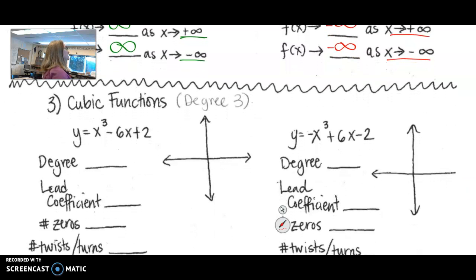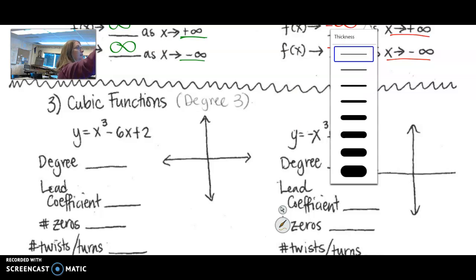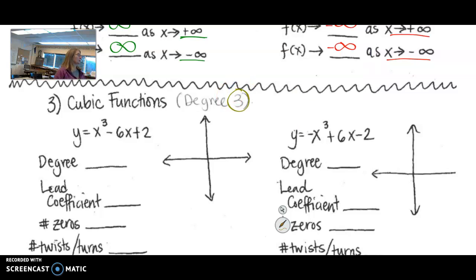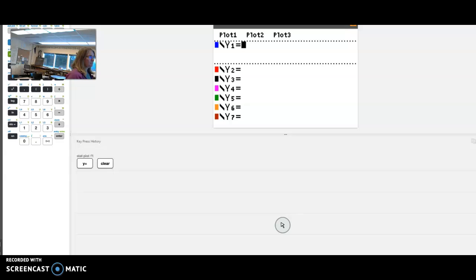All right, cubic functions. Cubic functions are degree 3. So we have a cubic function here for number 3. The degree of that is 3. The lead coefficient, there's nothing in front of the x, therefore it's a 1. Now, to graph this, I have to do a little bit more work, and right now we're just trying to see what happens when we have a cubic.